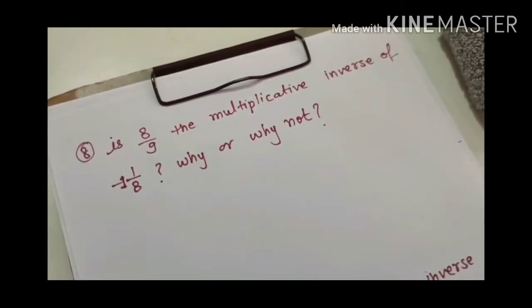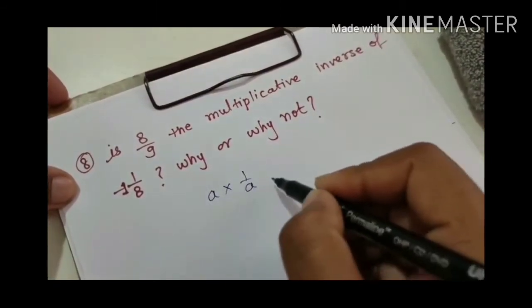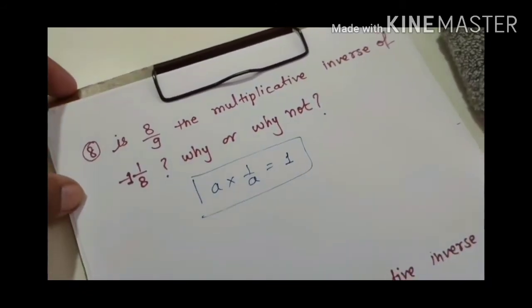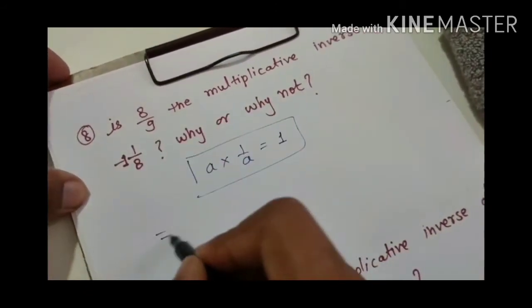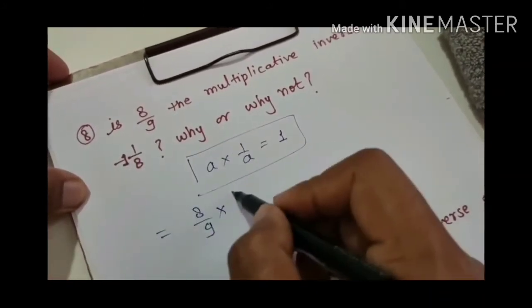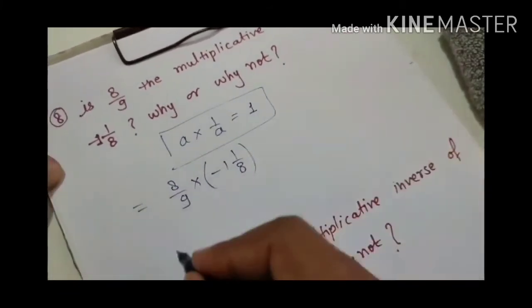Can we say that it is the multiplicative inverse of 8 by 9? Let's check. As we know, a into 1 by a should be 1. Let's check 8 by 9 into minus 1 by 8.